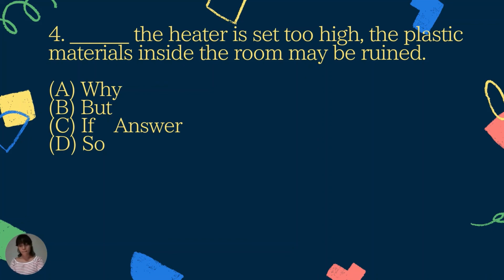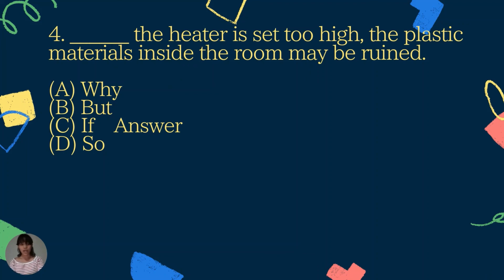In this case, but is not the best option because we use but when you have two opposing statements, two statements that have opposite meanings. When you have a heater set too high, the natural effect would be something may be ruined. So these are not two opposing statements. So but is not a good answer for this.